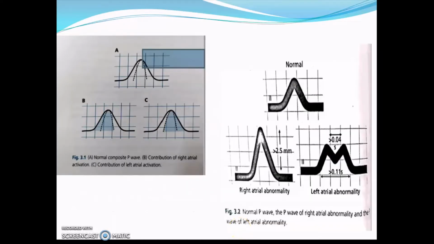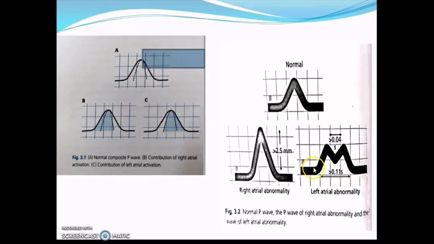So this is a slide showing the normal P wave. The first part is represented by the right atrium. The later part is represented by the left atrium. But in between these two lines, the middle part is represented by both the right and left atrium. Here you see a taller P wave, more than 2.5 mm. It indicates right atrial enlargement.